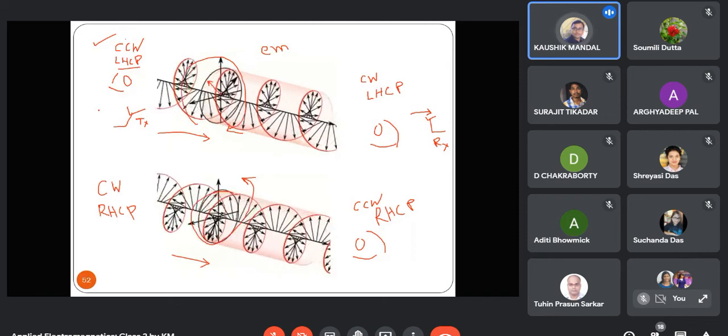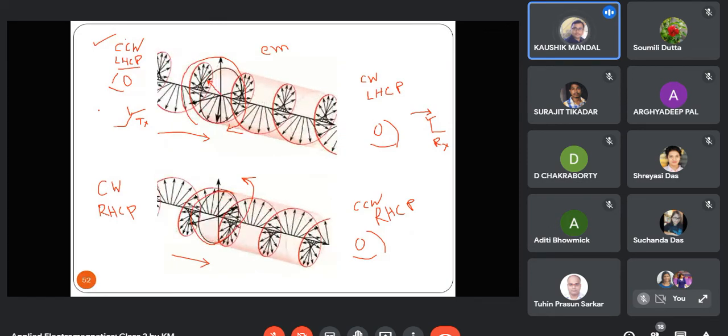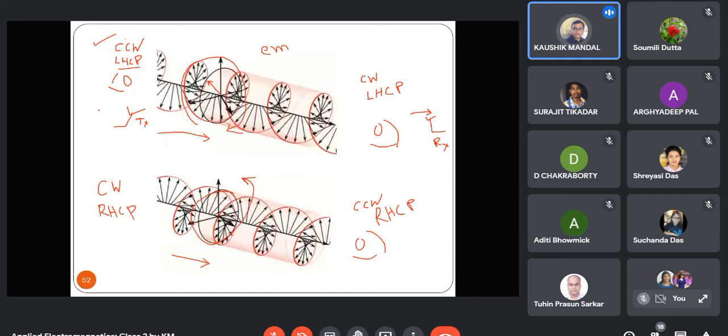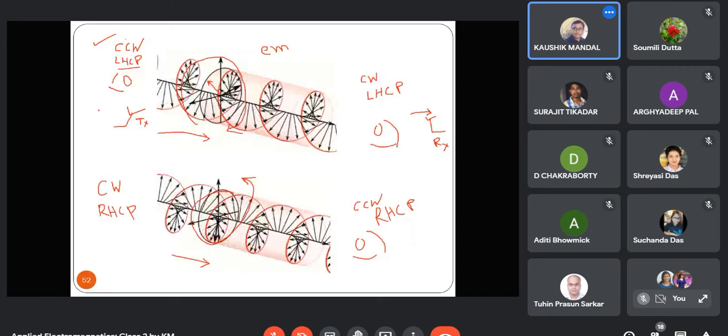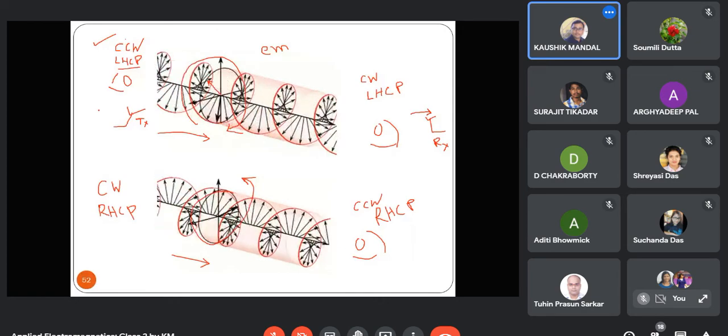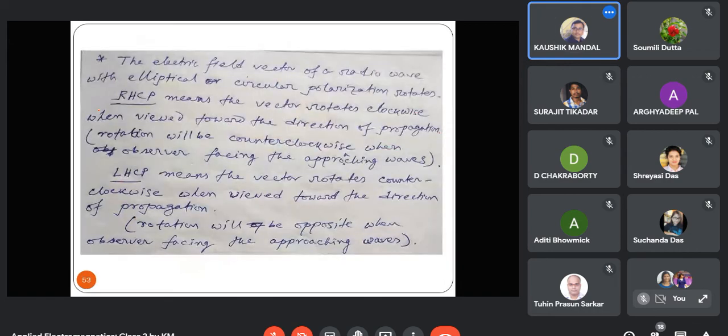As I know from the sense of polarization, just whether it is clockwise or counterclockwise, depending on the position of the observer, it will be called LHCP or RHCP. So it is clearly mentioned.